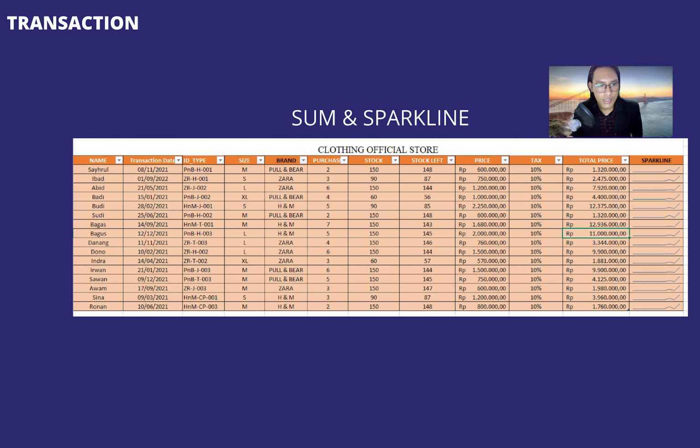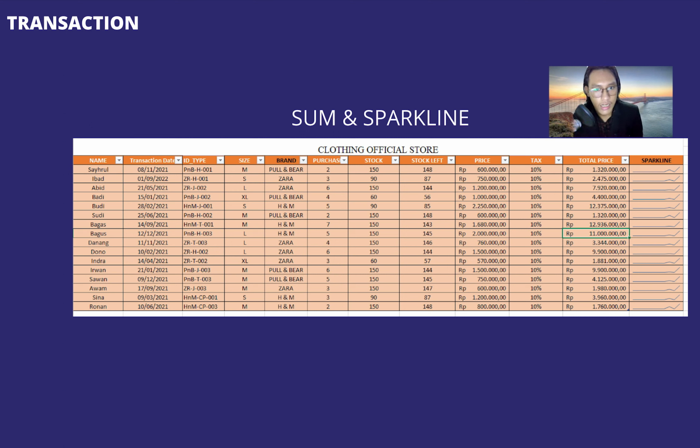In this project, we use sum for the transaction table. In the transaction table, we use the sum function to calculate the remaining stock, the total price, and the total price along with taxes.